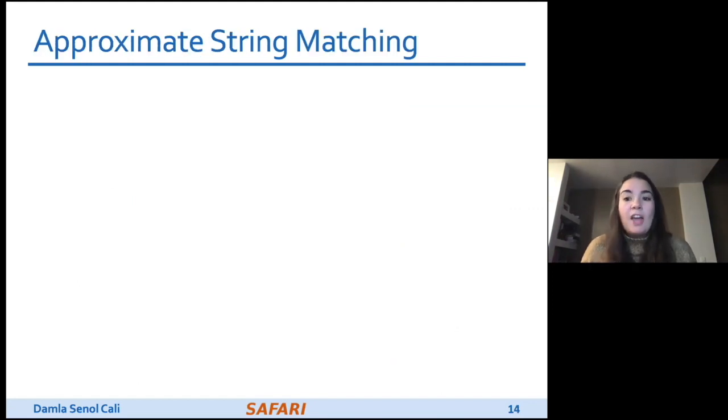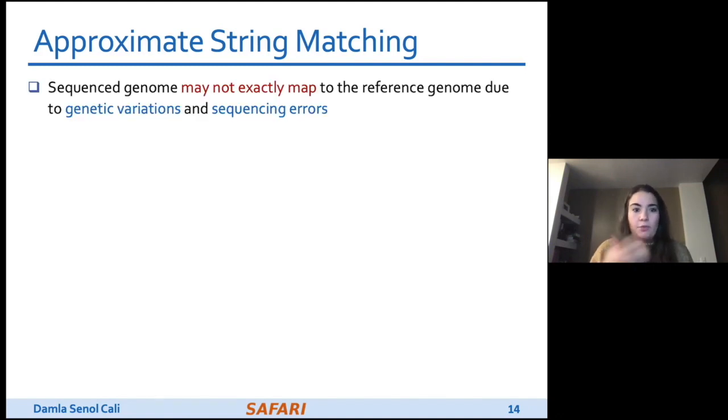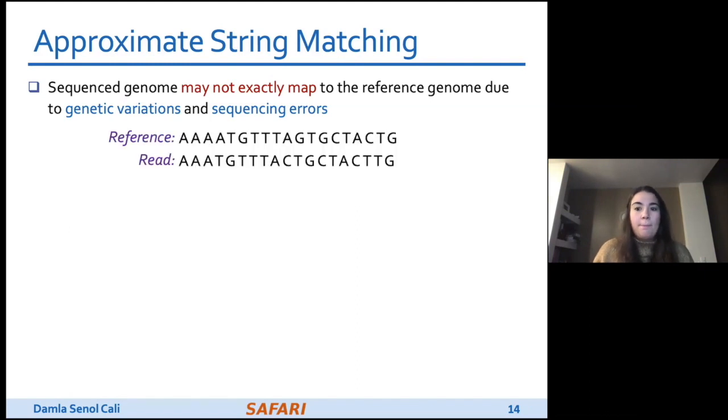So when we are mapping the reads generated from the sequenced genome, they may not exactly map to the reference genome, as we know, because of variations and sequencing errors. Let's look at this example to see what kind of errors and differences, which are also known as edits, we should expect. First, we can observe deletions. As you can see here, one of the characters of the reference is missing in the read, so it's a deletion.